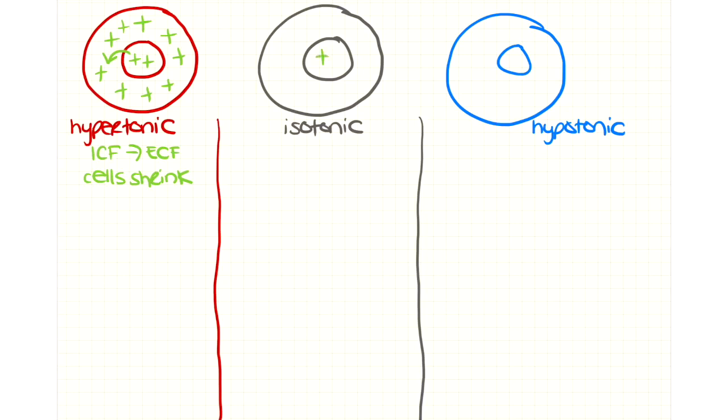Isotonic, I have the same equal amount in the intracellular to the extracellular, so we are equal. No changes to cell shape.